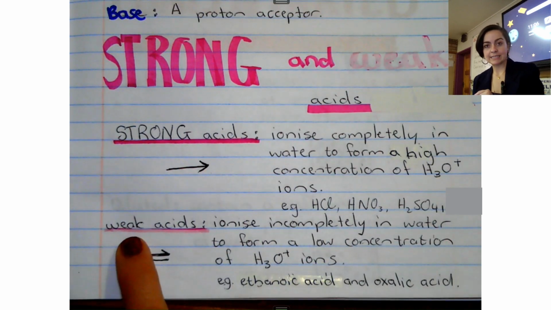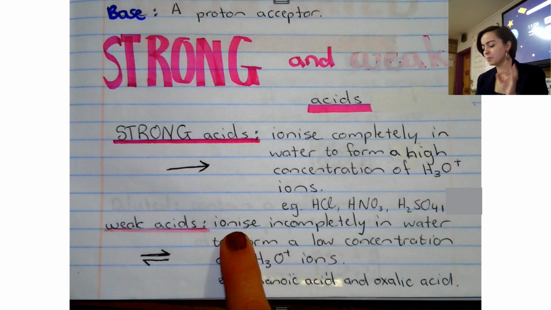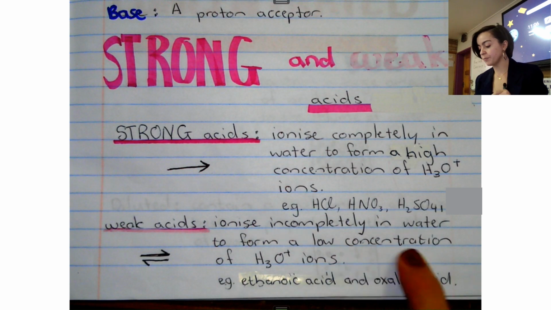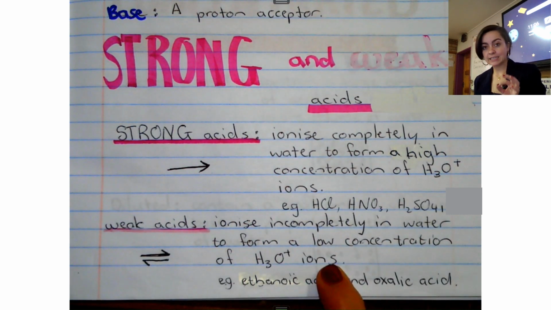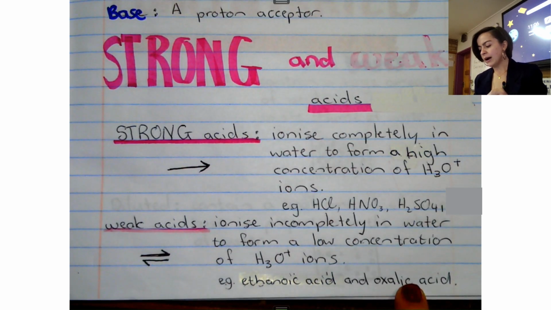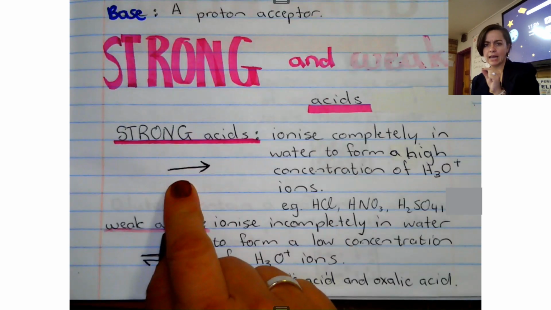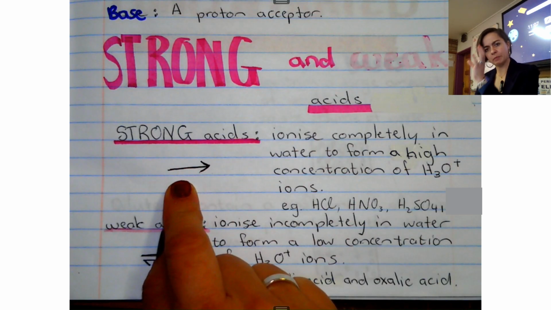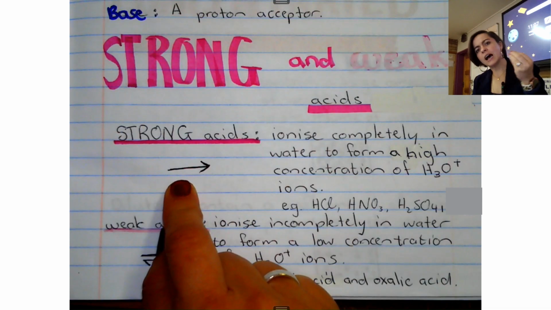Then we get our weak acids. They ionize, but incompletely in water to form a low concentration of hydronium ions. In this case, the examples are ethanoic acid and oxalic acid. Here you see I drew a one-directional arrow. Why? Because if something ionizes completely, it goes from being the acid into its ionic form, and all of the acid, as my reactants, changes like that.